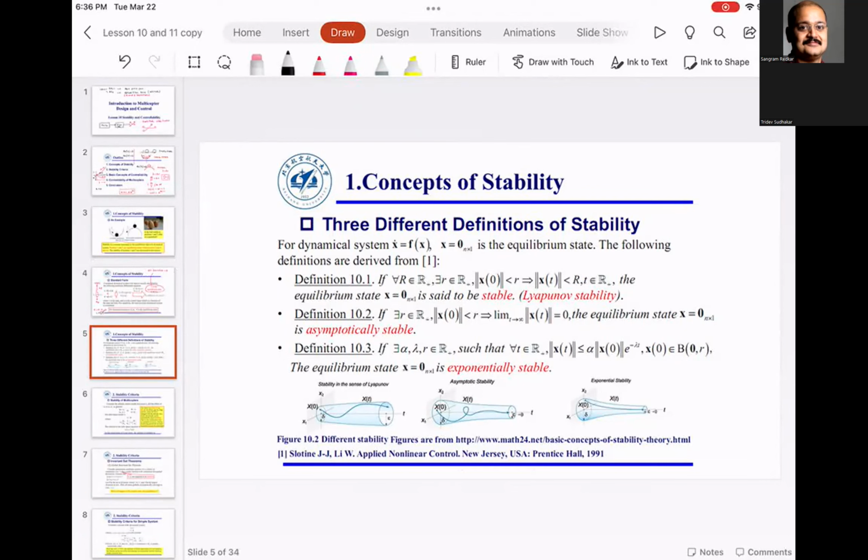Okay. Do you want me to explain these notations or is the physics good enough? What's the difference between exponential and asymptotic? Exponentially stable means the drop is sudden. Asymptotically stable means something like this.